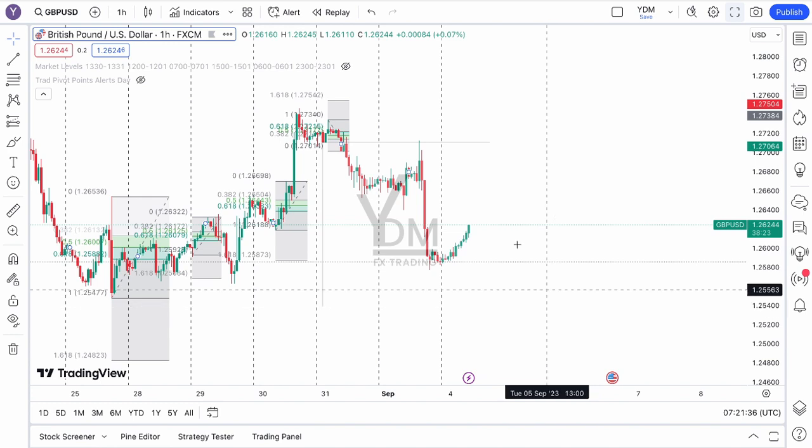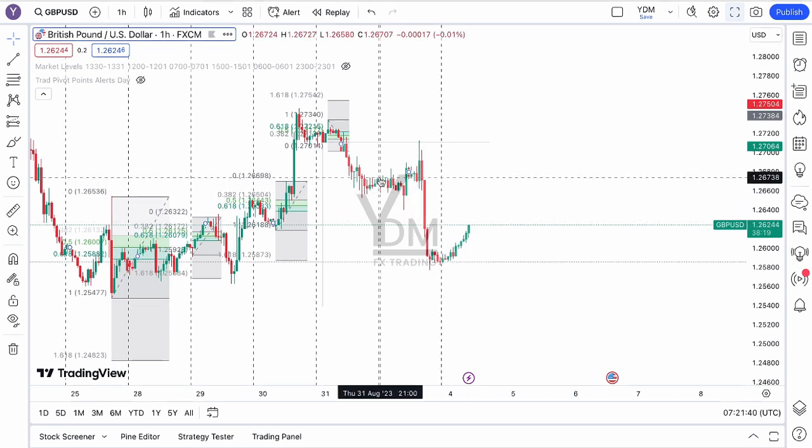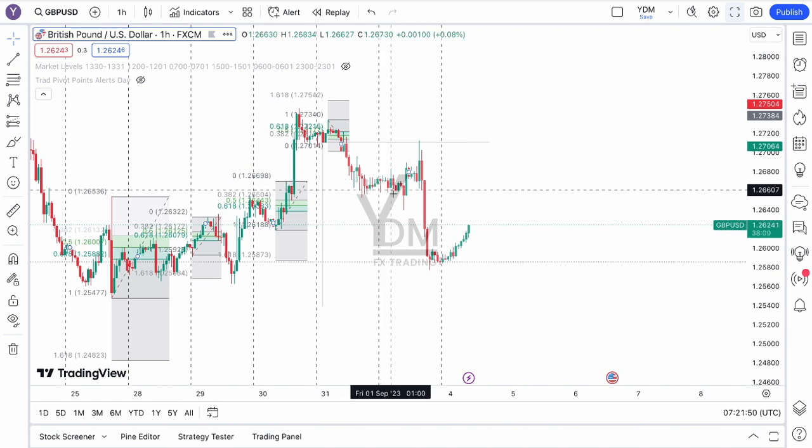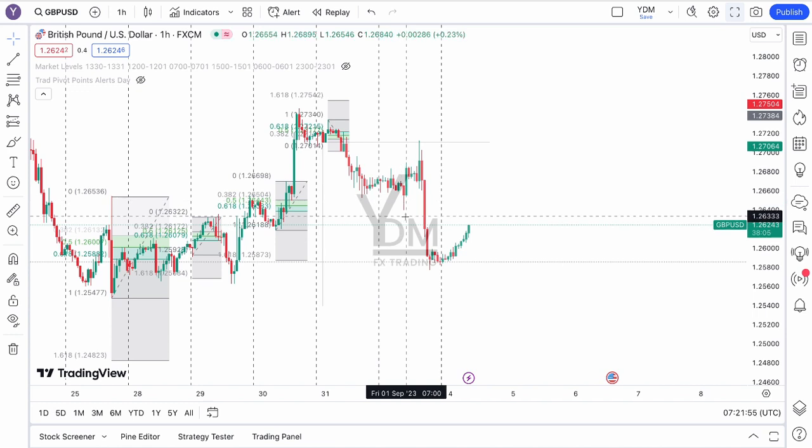This was the first candle that was formed on that day, which is a sell candle, and this will serve as my support resistance zone. Here we had a retracement, keeping in mind what we previously saw on the 4-hour time frame.